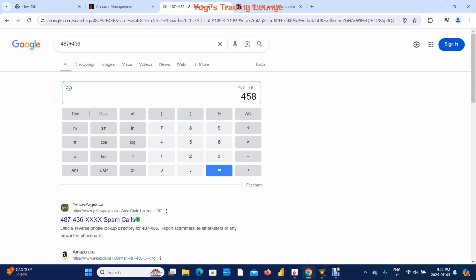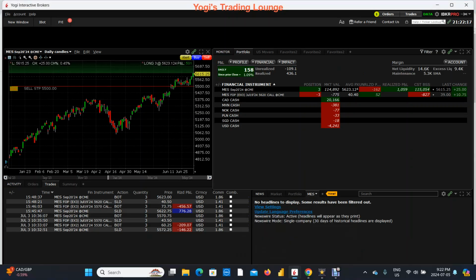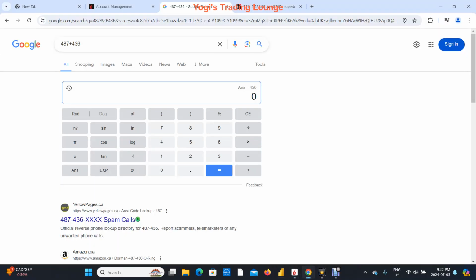Now 458 is Canadian dollars, and we need to add today's realized profit. The currency here is USD. This is 776 minus 456, right? Which is around 320. So I'll just take that into consideration.